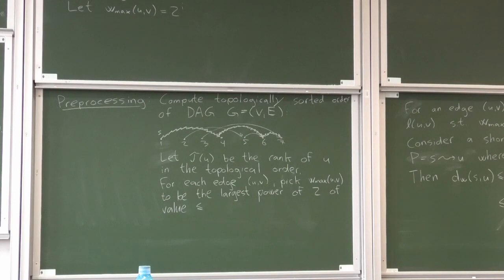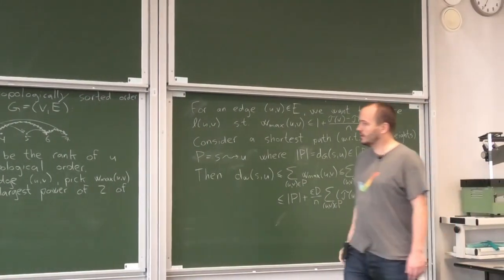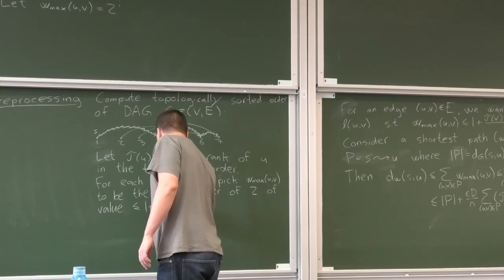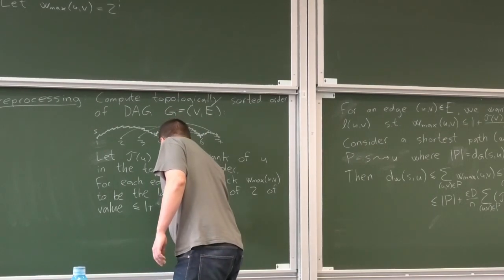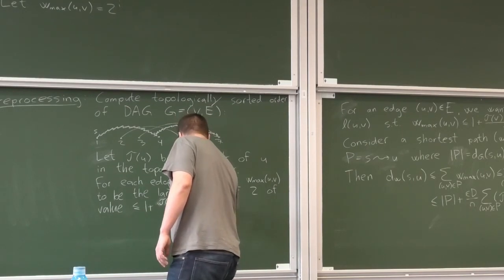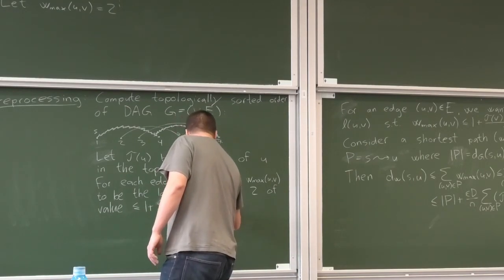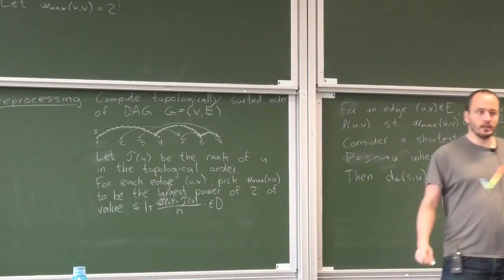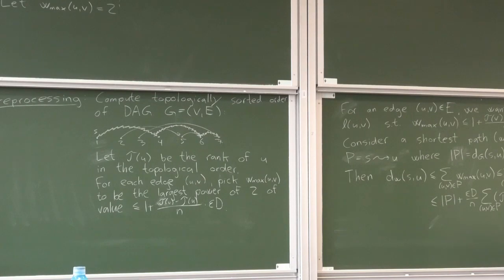I just chose that W max has to be a power of 2. I'll just choose it as large as possible so that this inequality holds. Then clearly this works, right?